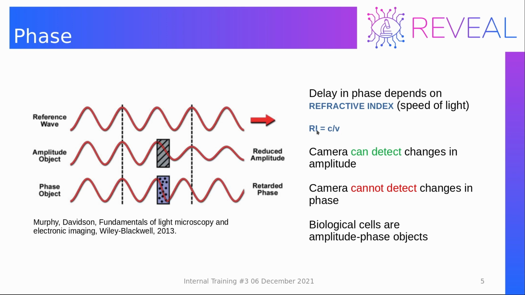So to calculate the refractive index, you take the speed of light in vacuum and divide it by the speed of light in that material. So for example, if you have the refractive index of 2, that would mean that light propagates twice as slow in this material as it would in vacuum.